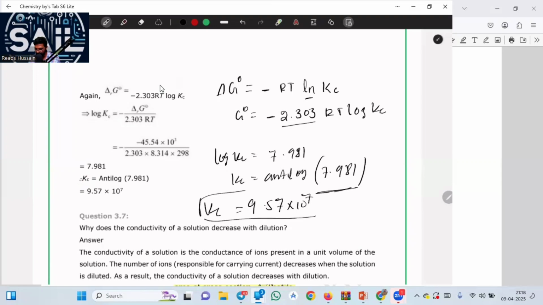Here I cannot explain how to find anti-log in this class, and I will take a separate class on this. Otherwise, at least I will make a separate video on this topic, on how to get the anti-logarithmic values and what the basic logarithmic formulas are that you have to be perfect with. We'll discuss that later, right?